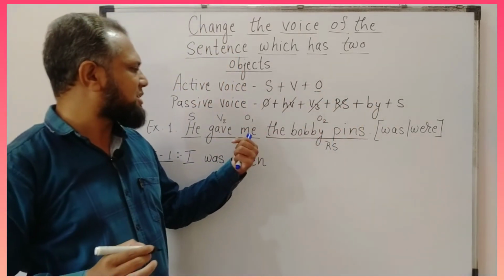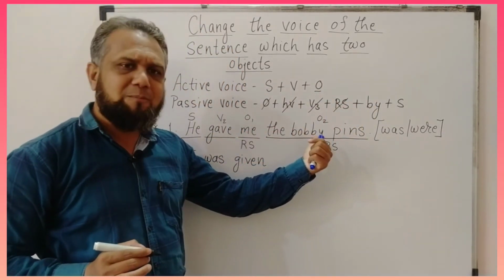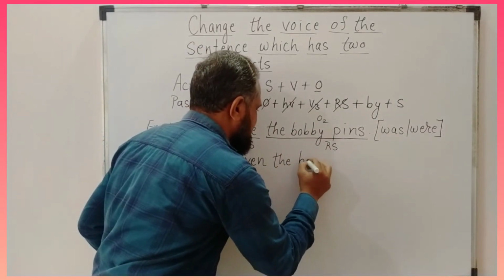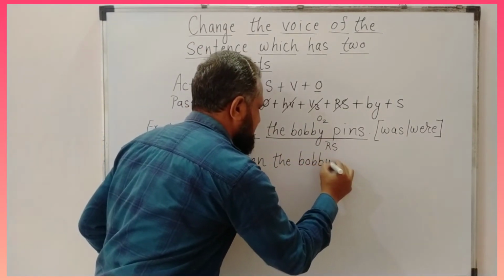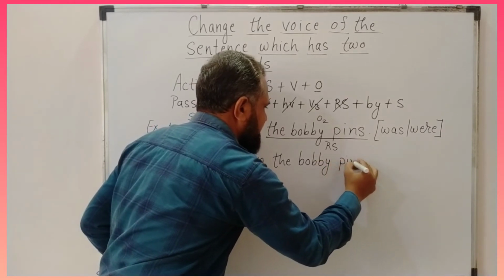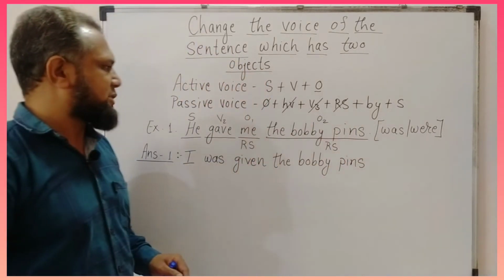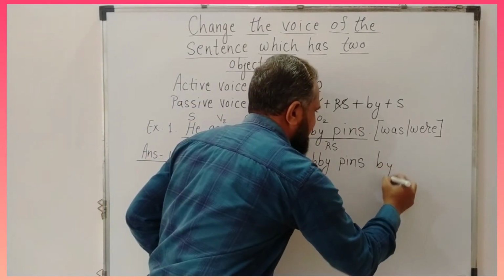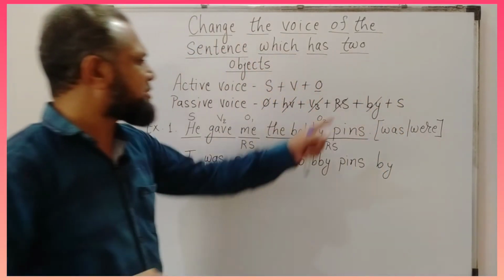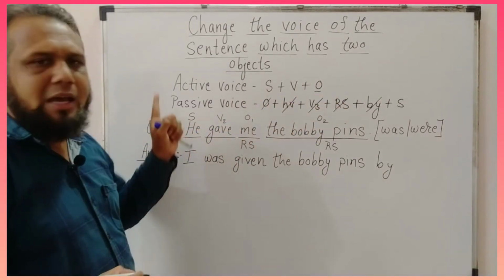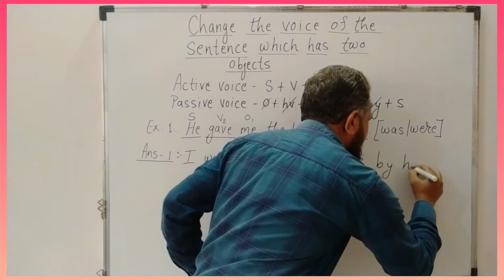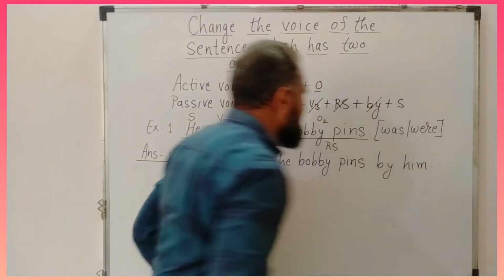Now the remaining sentence. So friends, we have considered me as object, therefore our remaining sentence will be the bobby pins. Thereafter by, and in the last the subject is he, and if we write it in the end we have to write him. He becomes him.